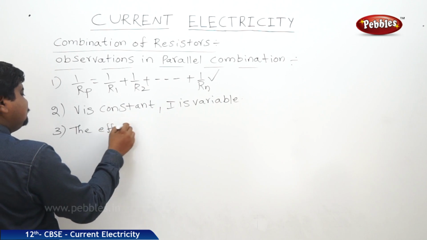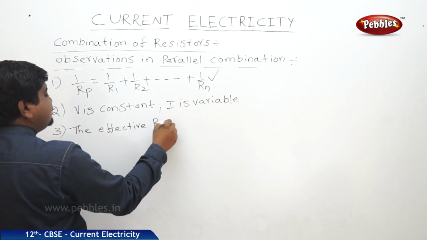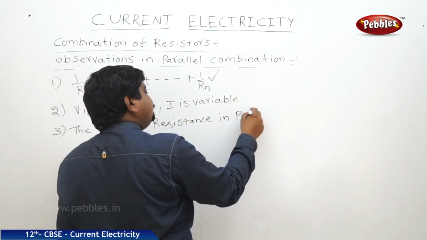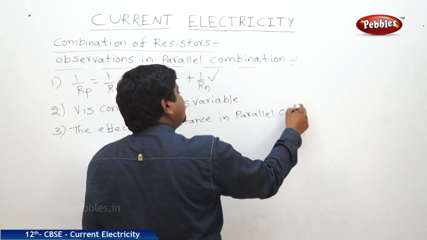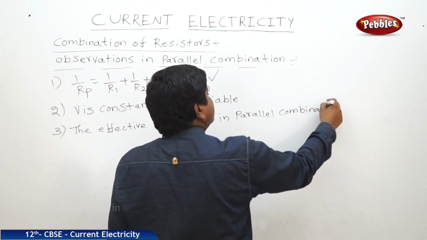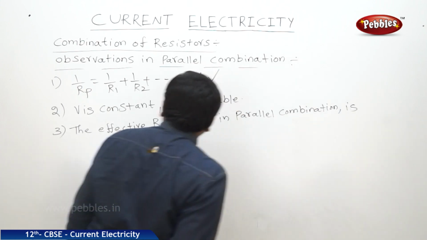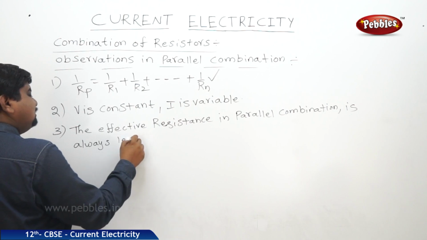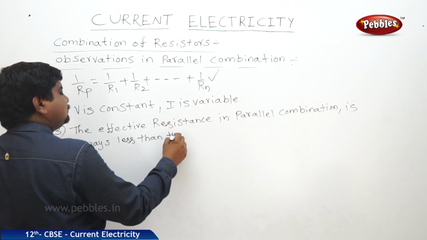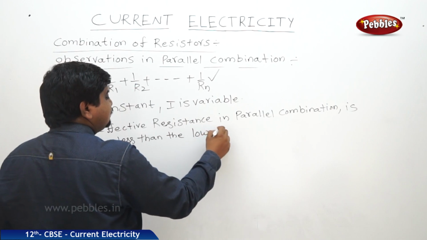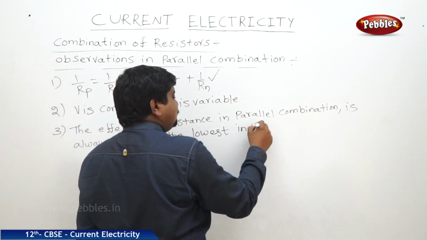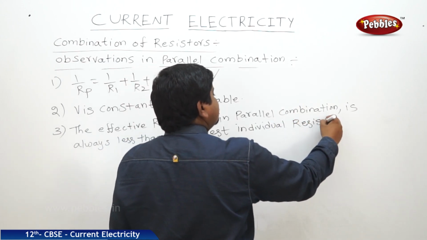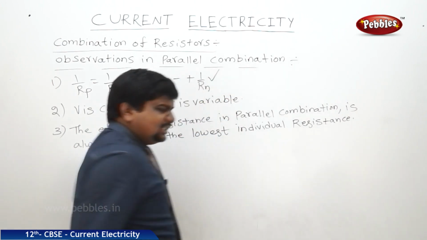The effective resistance in parallel combination is always less than the lowest individual resistance. What is the meaning of this?